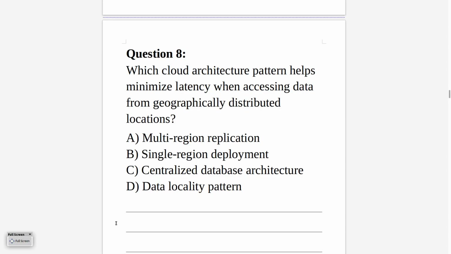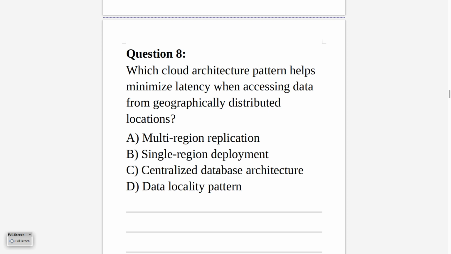Question 8. Which cloud architecture pattern helps minimize latency when accessing data from geographically distributed locations, so from different locations far apart? Is it multi-region replication, single region deployment, centralized database architecture, data locality pattern? Okay, it's not single region deployment, because if you're nowhere near that region, it's not going to minimize any latency.